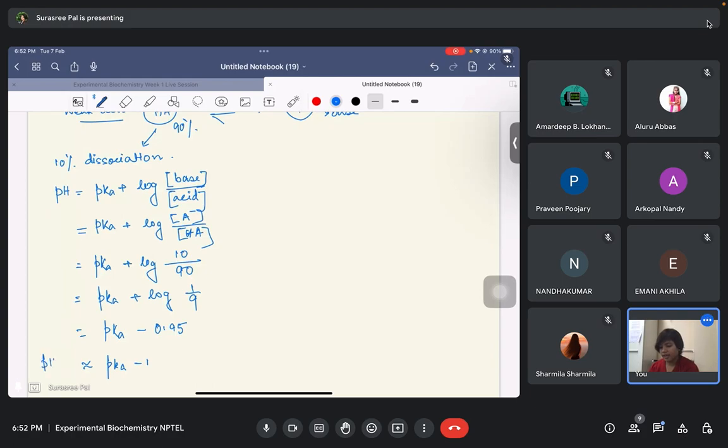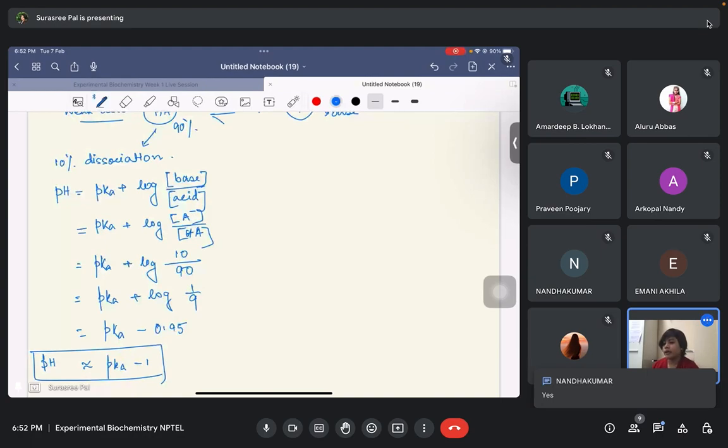So when there is 10% dissociation of the acid, the pH value is approximately pKa minus 1. Is that clear, this part? If it is clear, then only I'll proceed.